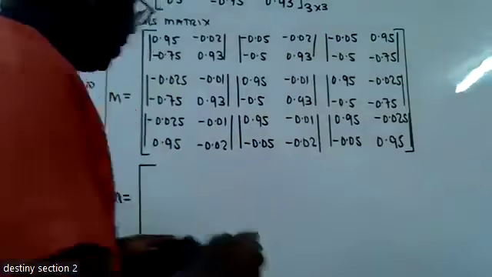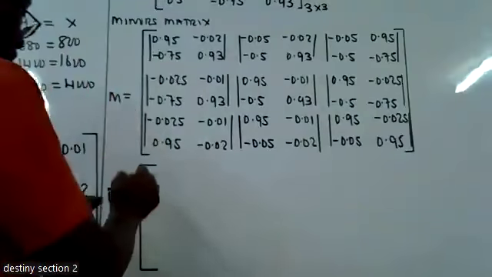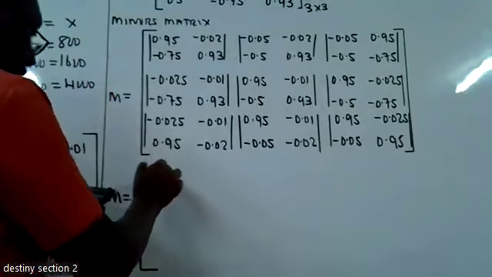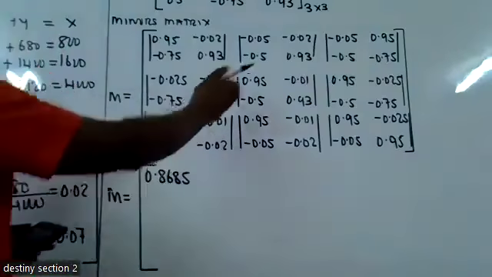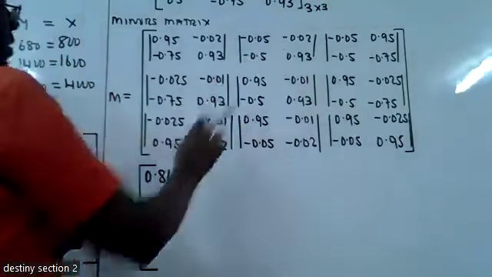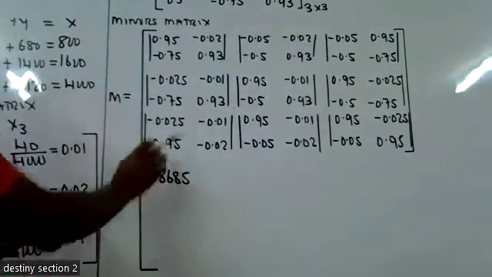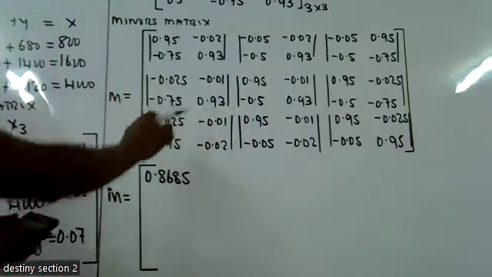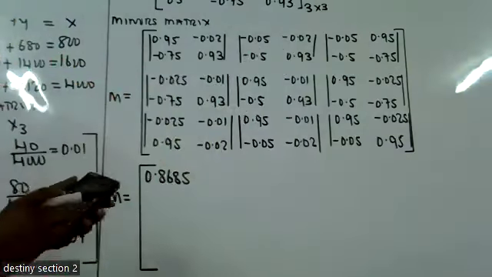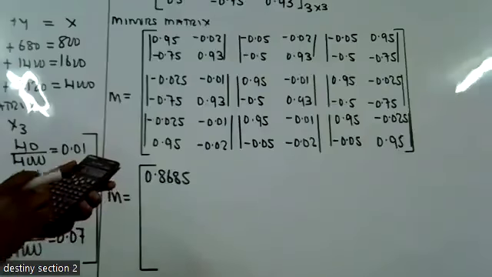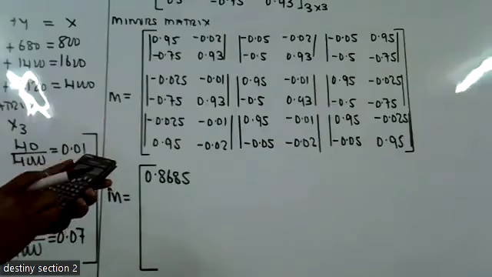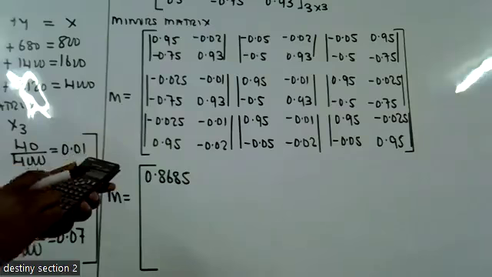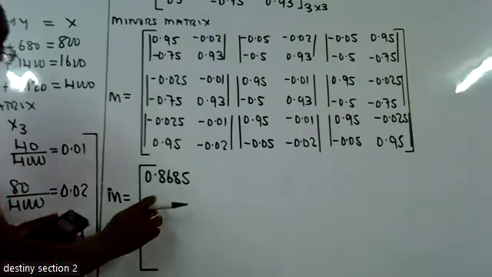Yeah, good, Joseph. I can see 0.8685. Let us go to this other one. Tuanze na hii ya pili. Kuja hapa useme minus 0.025 times 0.93 minus 0.75 times minus 0.01 equals.